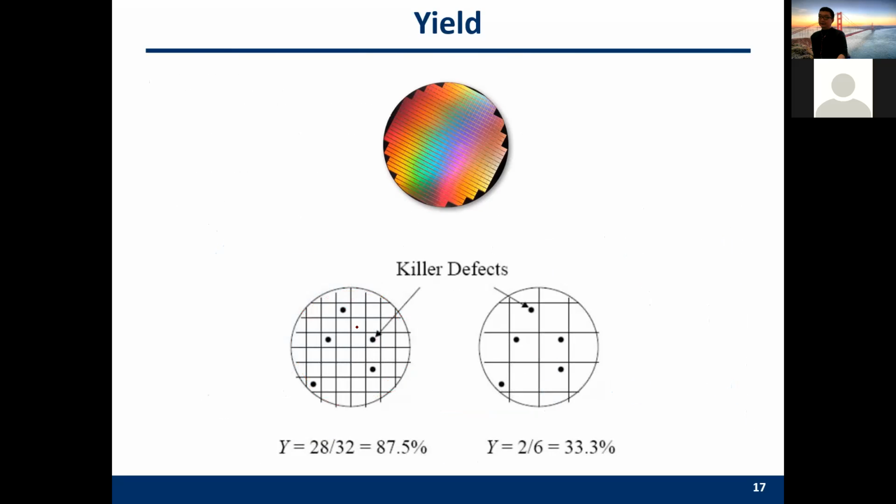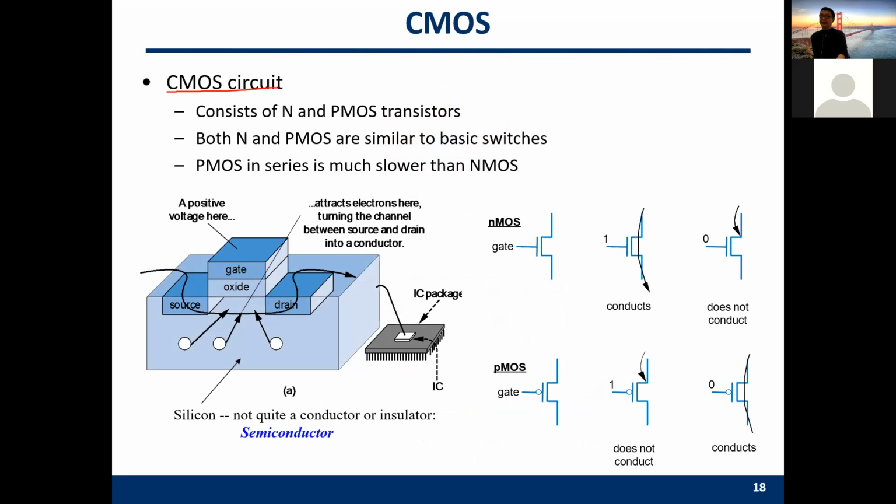And then on this wafer, we have a lot of CMOS gates. In this slide, I will talk about the CMOS gates. There are two types of transistors. Transistor here is equivalent to gate. One is the so-called NMOS.